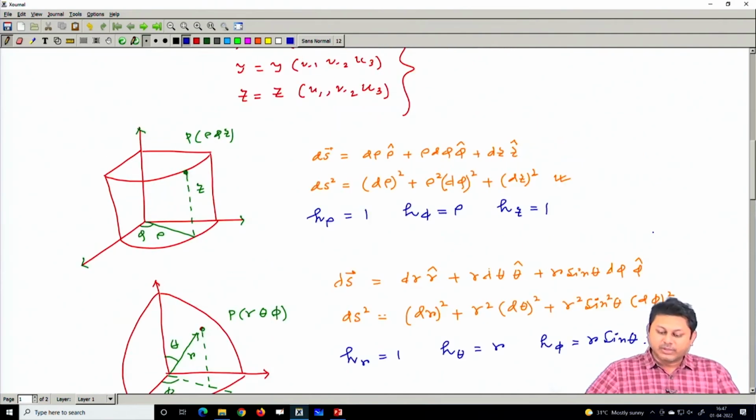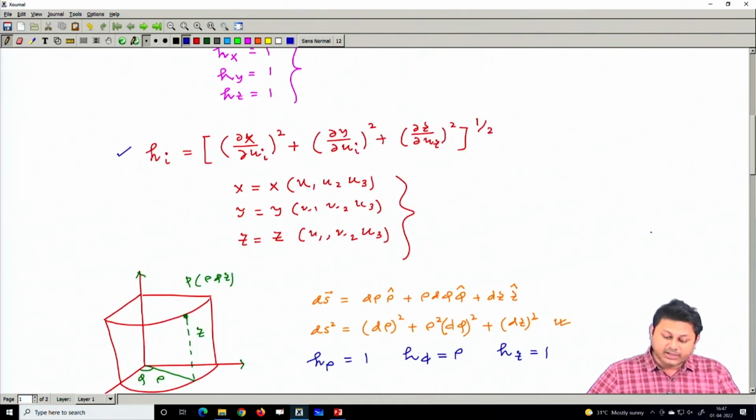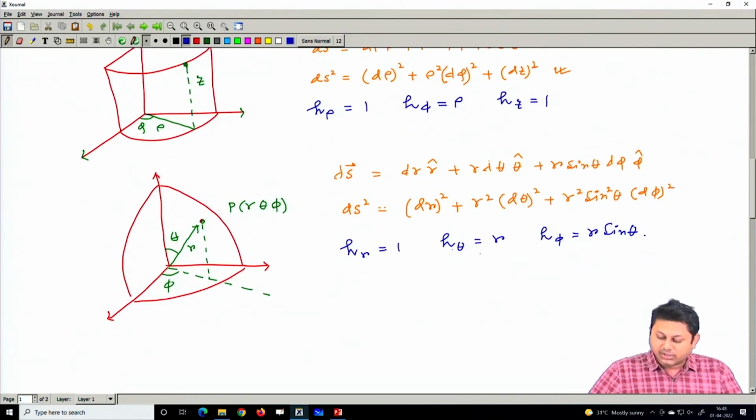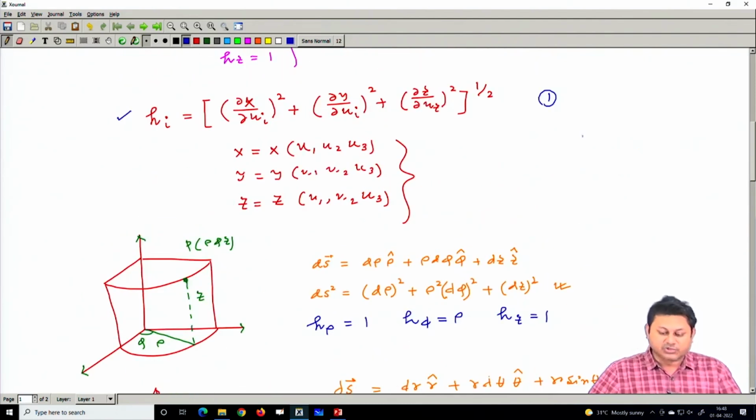Okay. So, you can also calculate this by exploiting this expression, say equation 1. If I write this equation 1, you can also find out the values of h1, h2, h3, that is h r, h theta, h phi, by exploiting this expression 1. That is the thing we did last day.